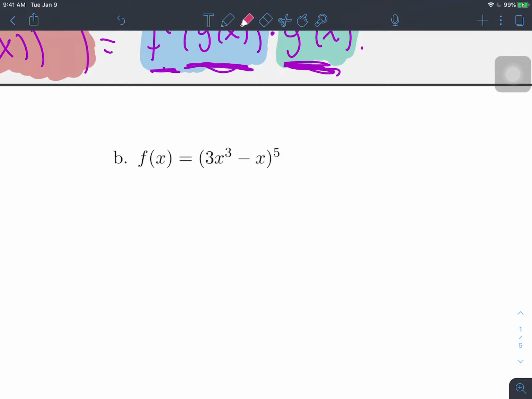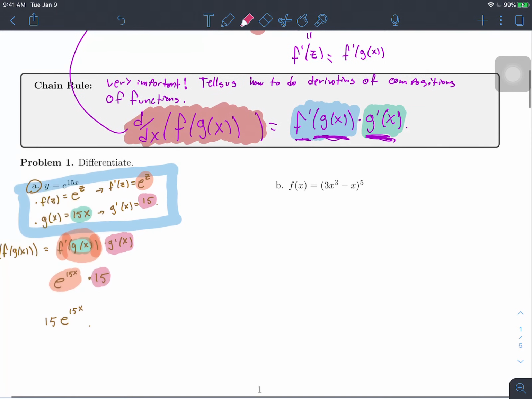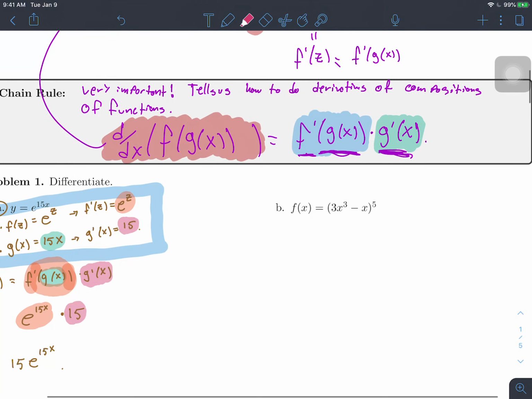And there's something a little bit tricky about this problem, which is in my rule here, I used f as the function that was the outside function, but now f isn't representing the outside function, it's representing the whole function. So I'm going to have to switch up my letters a little bit here, okay?